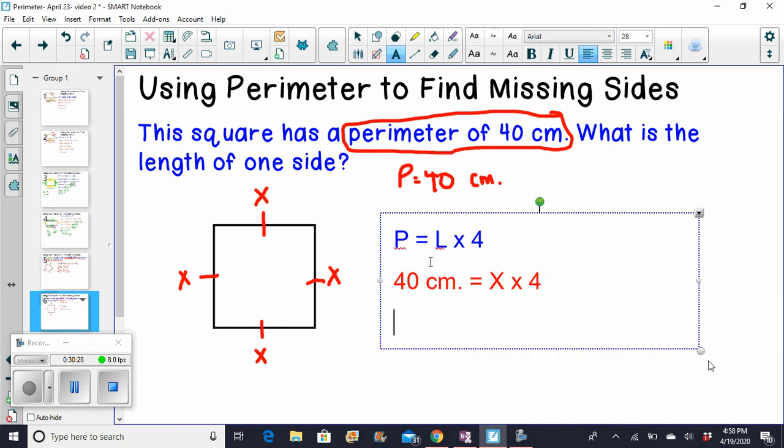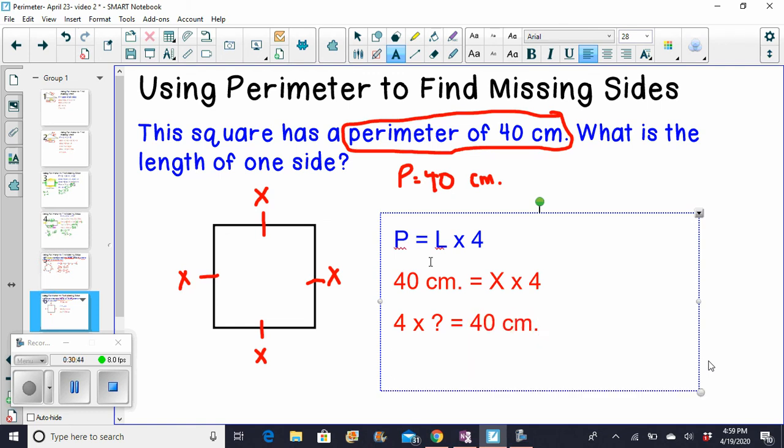So what times 4 equals 40? Okay, 4 times what? Let's flip that around and I'll replace that variable x with a question mark. 4 times what equals 40 centimeters? This is what we're finding. 40 divided by 4 equals, our question mark should equal 10 centimeters. 4 times 10 equals 40.